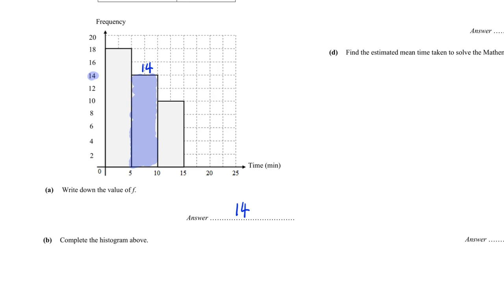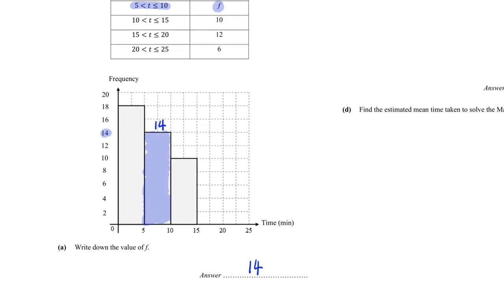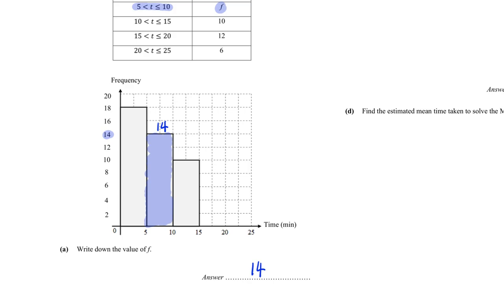Next part will then be to complete the histogram on top. So this is pretty straightforward. From 15 to 20 is 12. So I'm going to just draw that, and from 20 to 25 is 6, 20 to 25 is 6, so you'll be here.